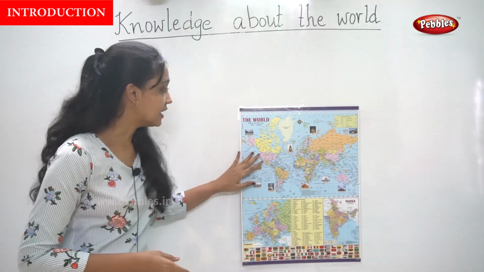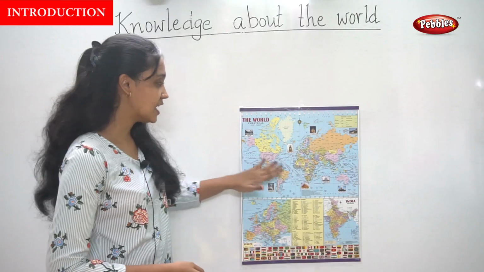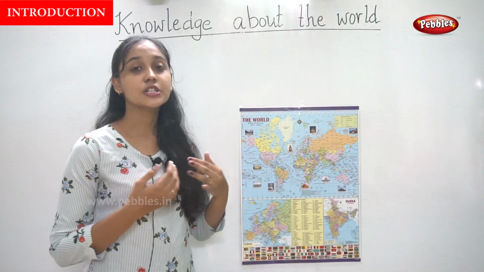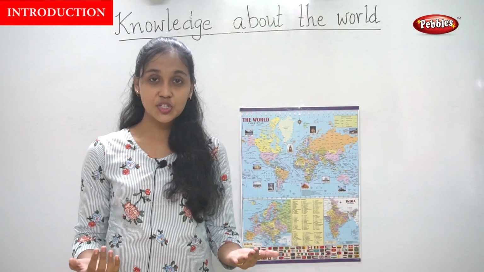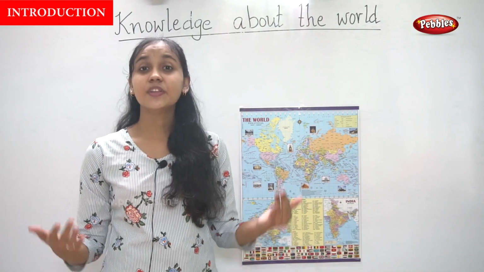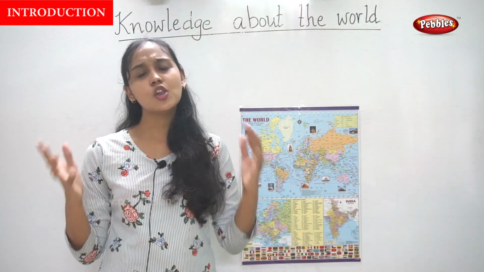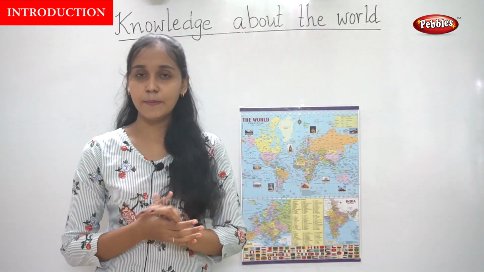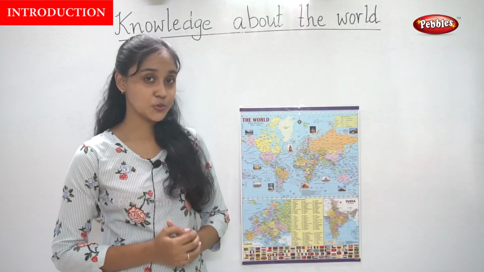So now here I have a map of the world. It is a world map. So it shows us the different continents, the oceans, the countries, the rivers flowing in the country, etc. So there is a lot of knowledge you can gain from a map. So first look at this map. What do you see?